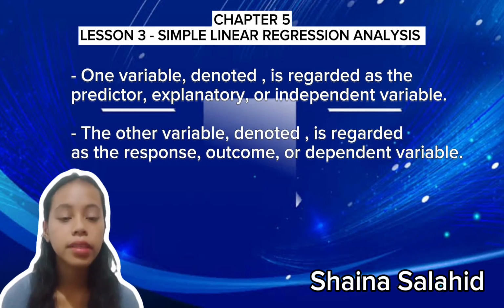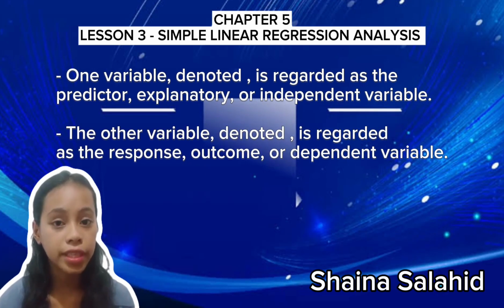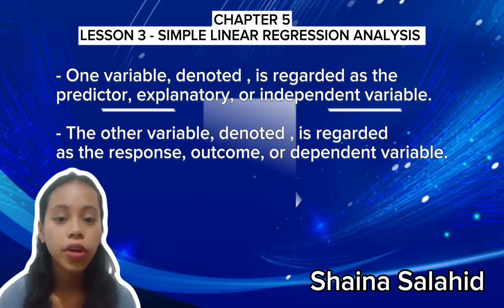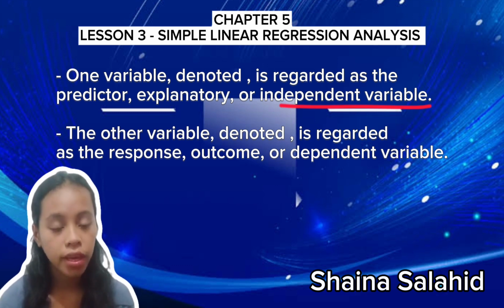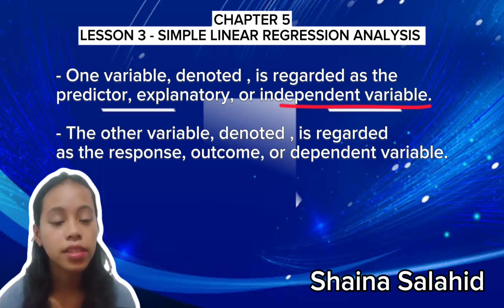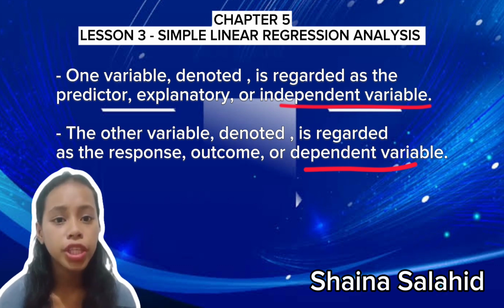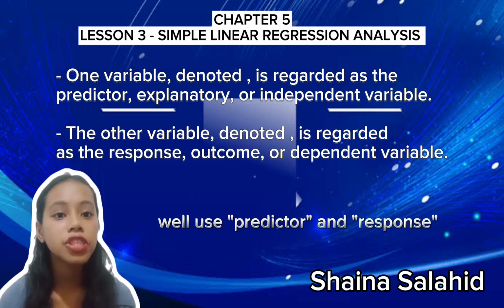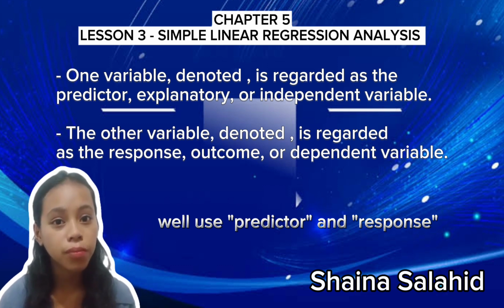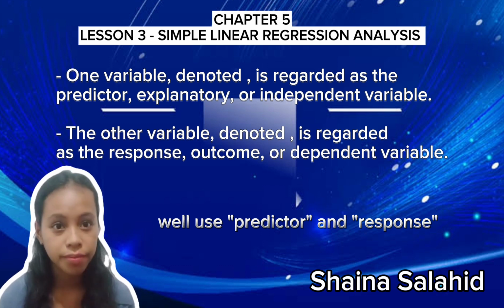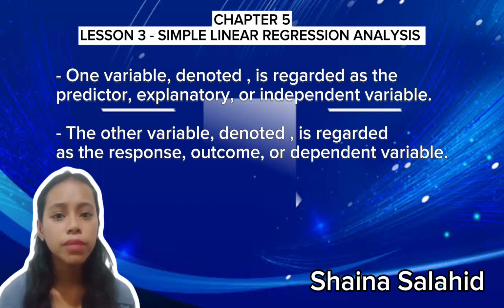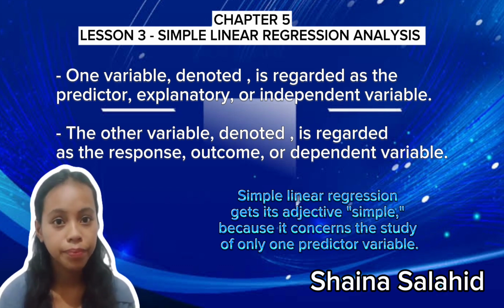One variable, denoted x, is regarded as the predictor, explanatory, or independent variable. The other variable, denoted y, is regarded as the response, outcome, or dependent variable. Because the other terms are used less frequently today, we'll use the predictor and response terms to refer to the variables encountered in this course. The other terms are mentioned only to make you aware of them when you encounter them.